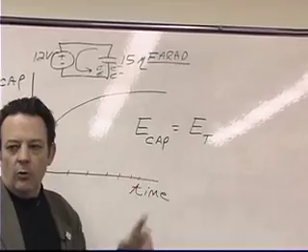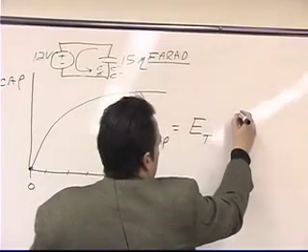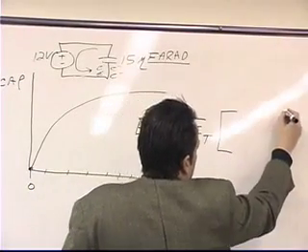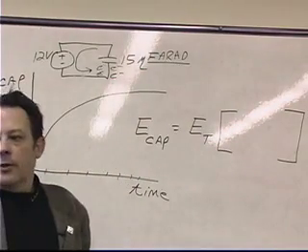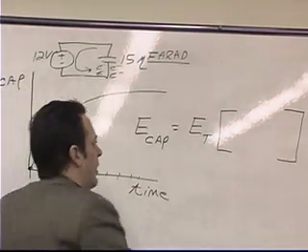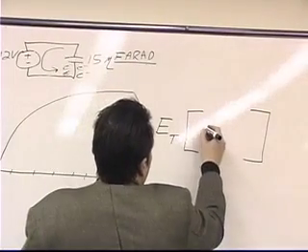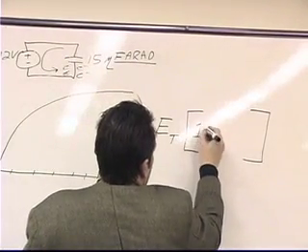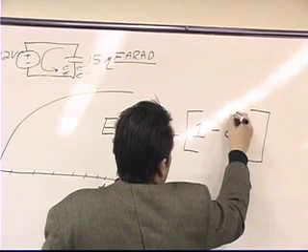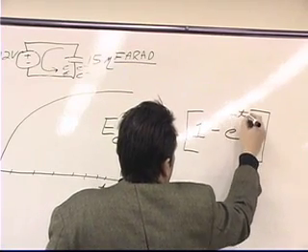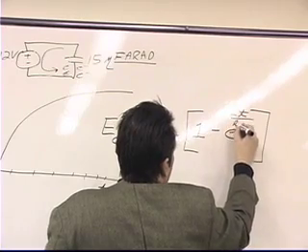So whatever the total voltage is, multiplied by some fraction. Okay? The fraction is as follows. It's 1 minus e to the negative t over RC.